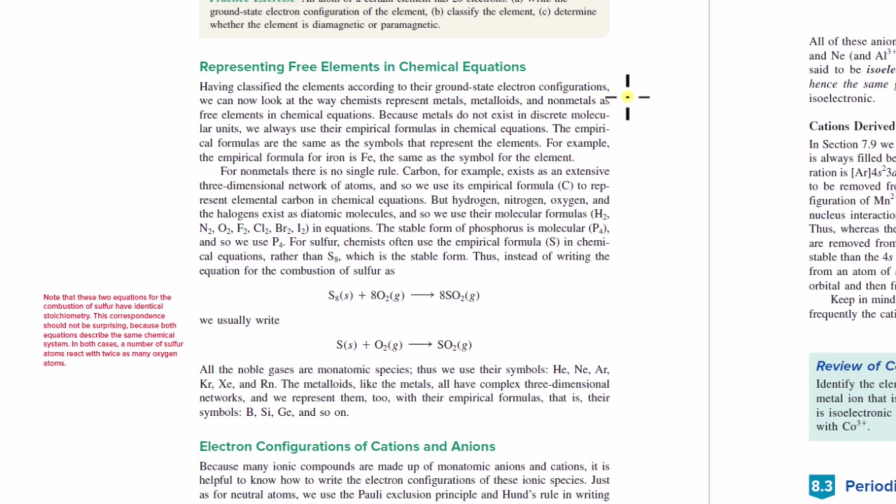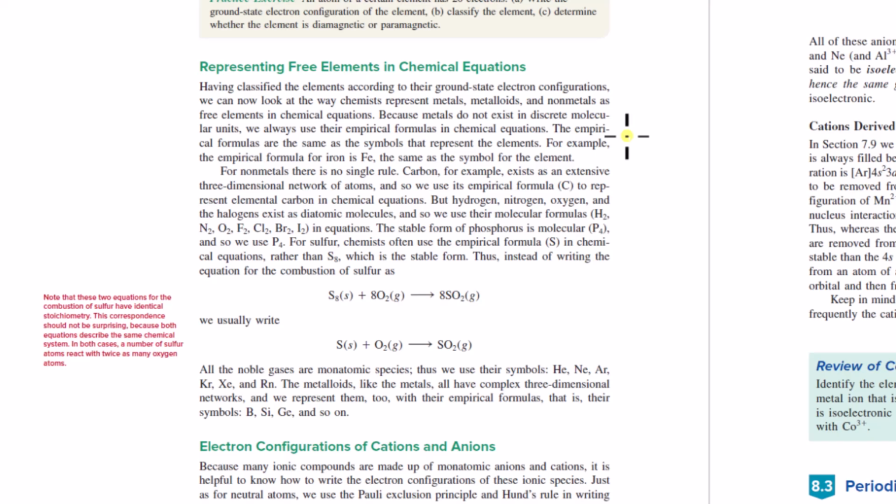So what they're talking about here is if we're writing out a chemical equation and we're going to include an element, so not a molecule or a compound, we're just thinking about representing a free element in a chemical equation. Well, if it's a metal, then because metals are in these three-dimensional arrays that extend indefinitely, there are no molecular units.